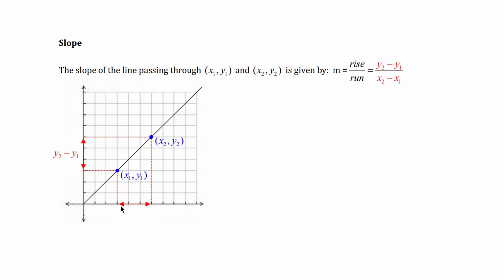The horizontal distance is found by finding the difference between the x coordinates. You can see here that our horizontal distance is represented by x2 minus x1. The ratio between the vertical and horizontal distance makes up our slope. In short, this is just rise over run, or the difference between our y-coordinates over the difference between our x-coordinates.